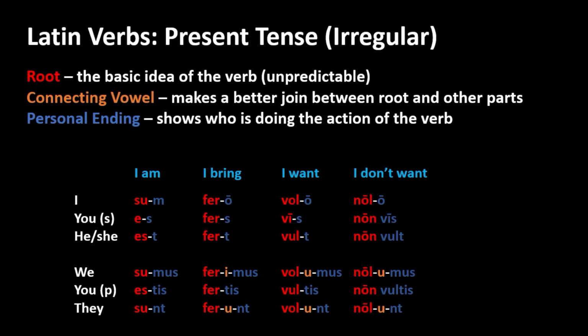Indeed, if you read across the table rather than down the table, if you try to predict the negative of vis, you'd get it wrong because non vis is non vis. We move to the verb I go. The root here is e.